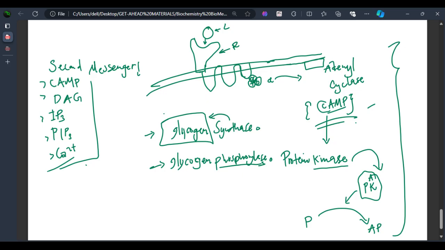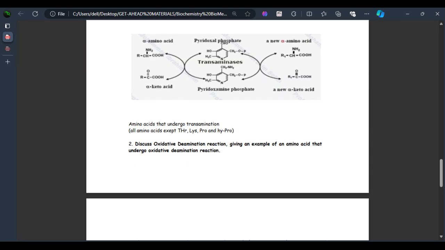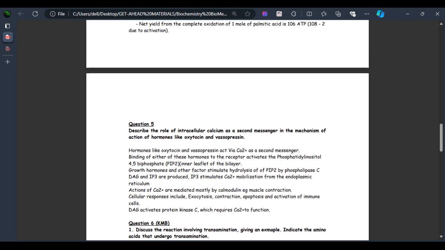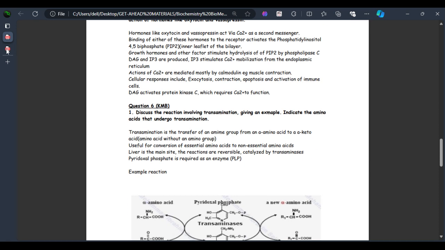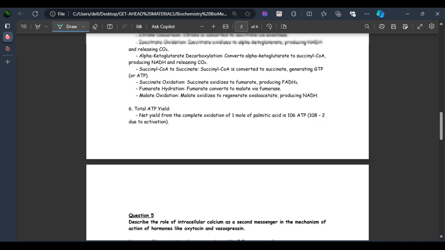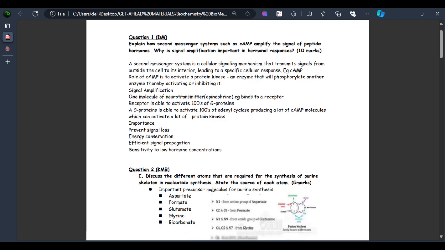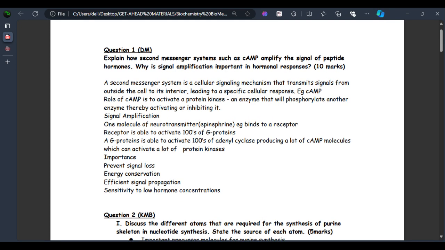Let me just scan the questions and see which ones required this. There's question five from test three, and also question one. We're going to start from question one, then go to question five, and then the last question from test two, and then we'll wrap it up.